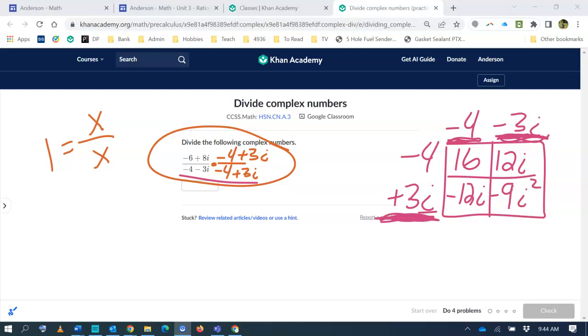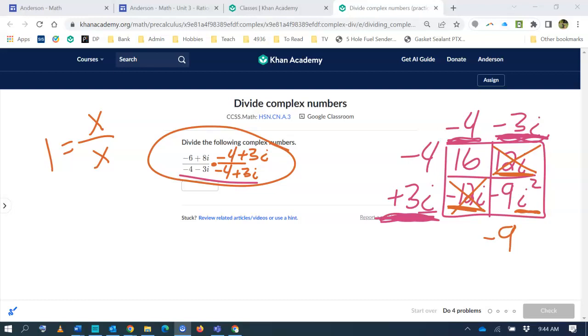Now this is where something happens. If you notice in these two boxes, they are like numbers and they are also opposite signs. So they cancel out. So our regular i's are gone. What we have left is an i squared. And if you remember, all i squareds are equal to -1.